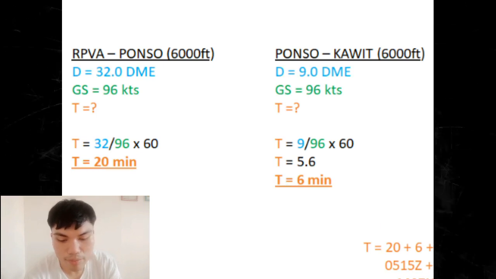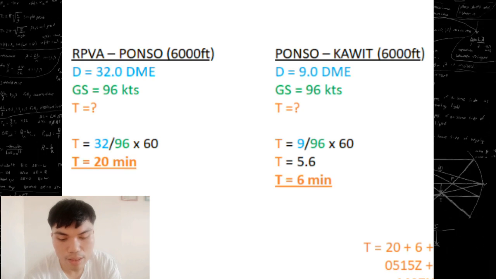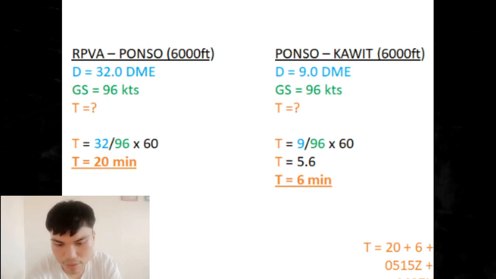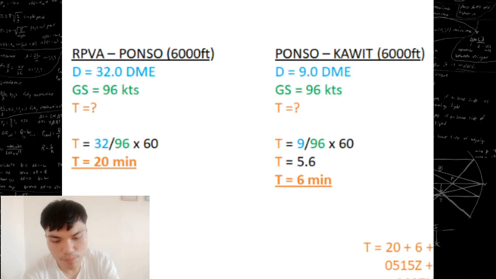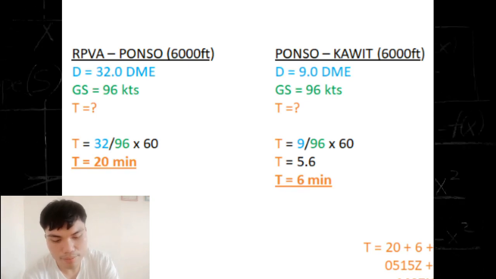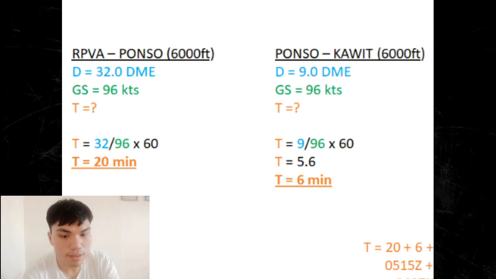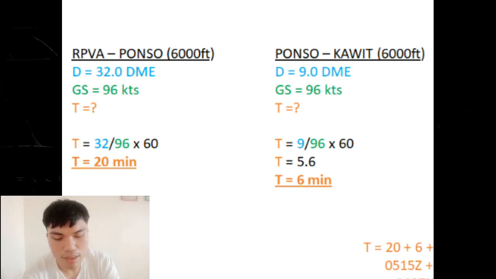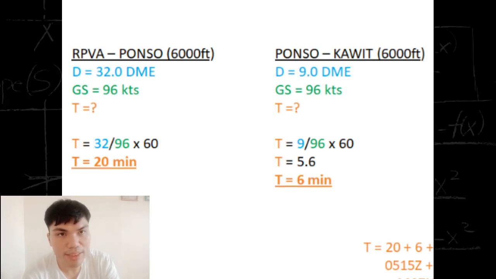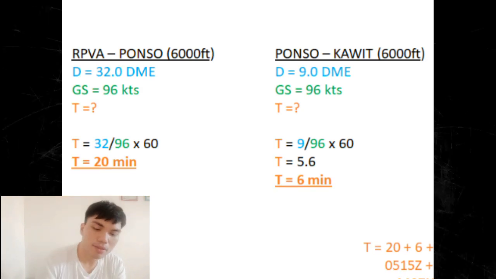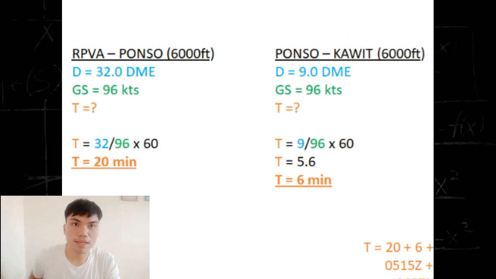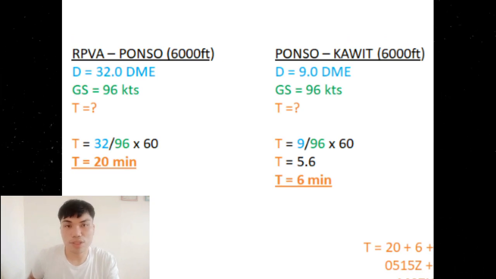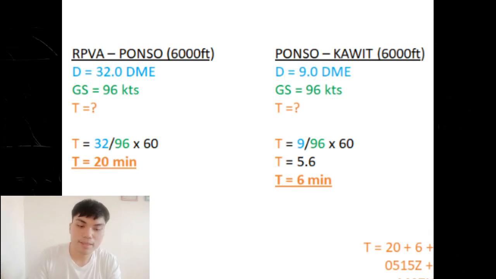So to get the time, we divide the 32 distance by 96, the ground speed, times 60. That's the constant, 60. So the time is equal to 20 minutes from Tacloban to Ponso.